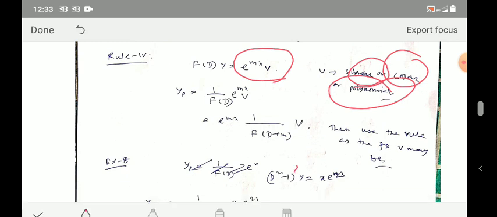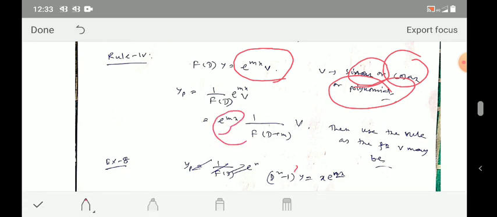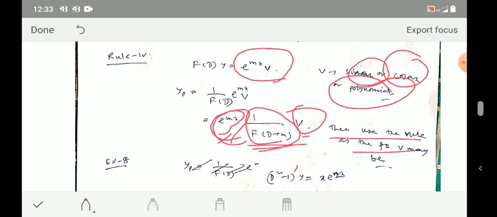Then we can take e to the power mx outside by replacing D by D plus m. That is, if we take e to the power mx outside, then 1 by f of D becomes 1 by f of D plus m, acting on v. This is also a function of D. If v is a polynomial function, then we will consider rule 3.